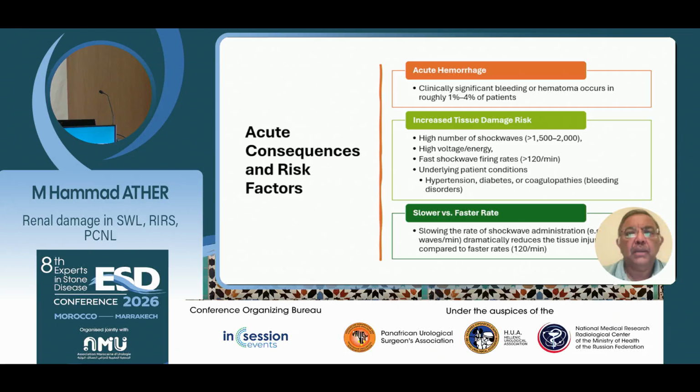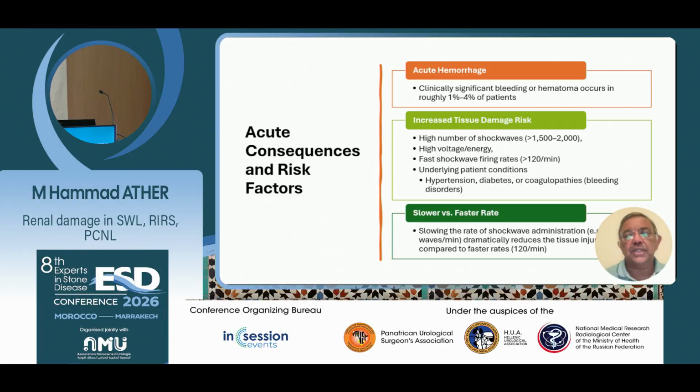Acute hemorrhage, fortunately, is very infrequently seen, in 1 to 4% of patients. The risk of tissue damage increases if you use more than 1,500 to 2,000 shock waves, if you use high voltage or high energy, if you use a fast rate of shock wave delivery, and if the patient has certain underlying conditions including hypertension, diabetes, and coagulopathies.